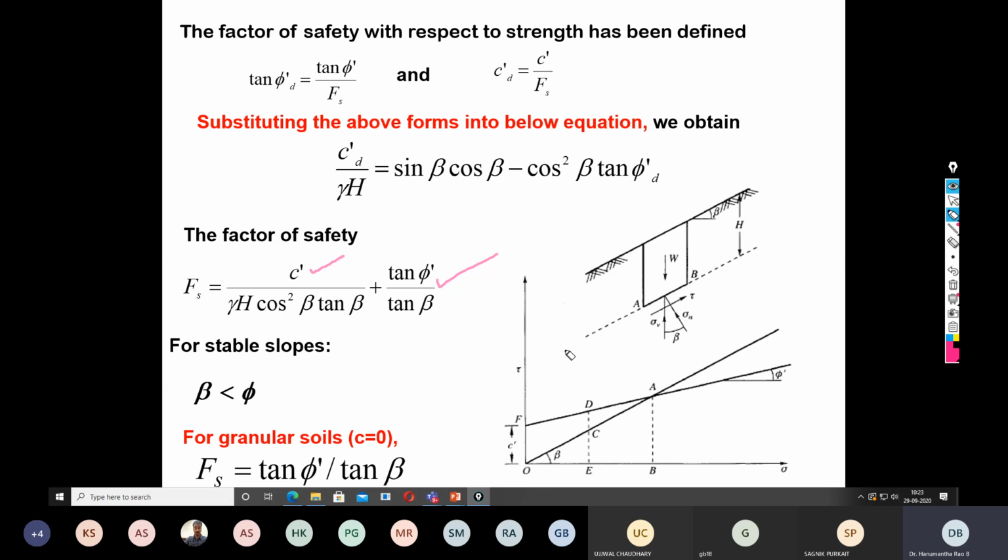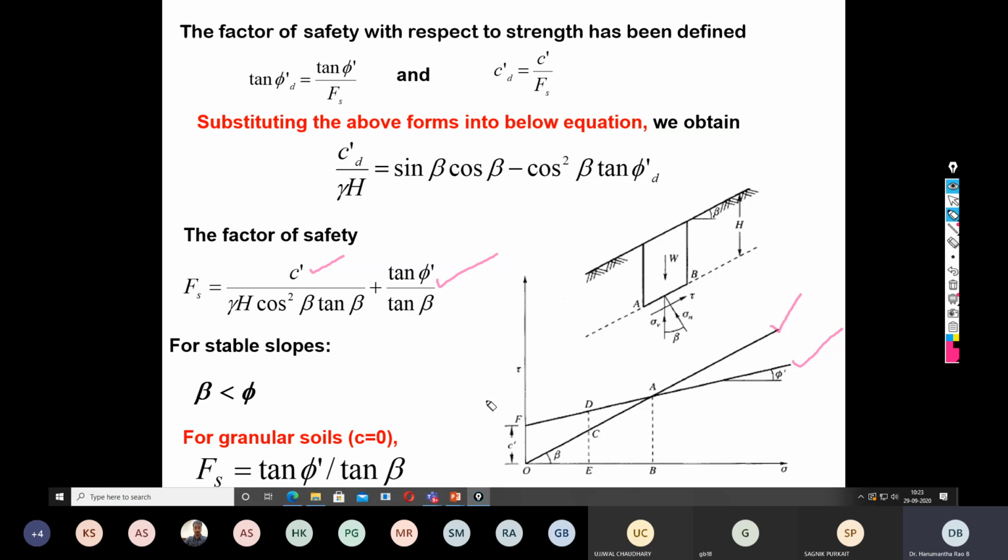Then accordingly, if you superimpose or interpret the information from the Mohr-Coulomb failure envelope, this is a Mohr-Coulomb failure envelope. This line belongs to the frictional component where it is passing through the origin. Then this line belongs to the C-phi soil.